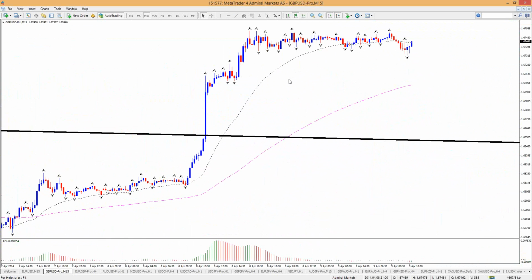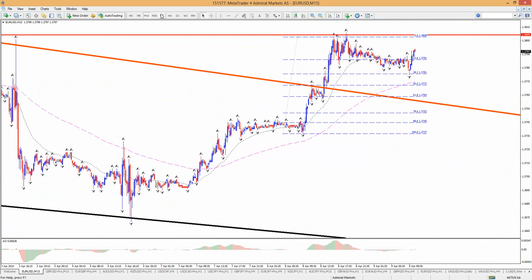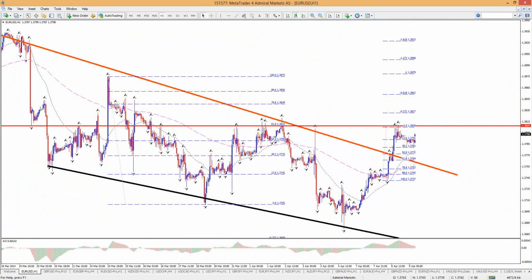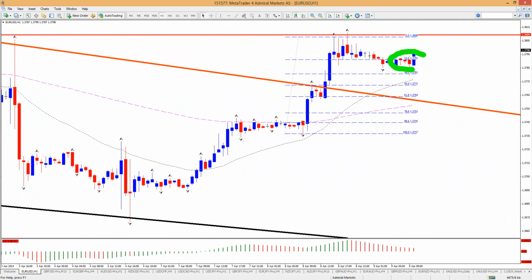Let's see. Euro dollar holding up. Looking pretty corrective indeed. It stopped at yesterday's resistance here, but looking more like a bull flag. Seems like a decent probability of engulfing twins and further upside.